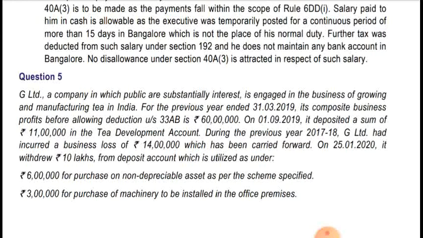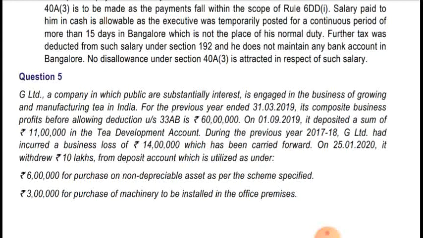On 1st September 2019 it deposited a sum of rupees 11 lakh in the tea development account. During the previous year 17-18 G Limited had incurred a business loss of 14 lakhs which has been carried forward. On 25th January 2020 it withdrew 10 lakh from the deposit account which is utilized as under.